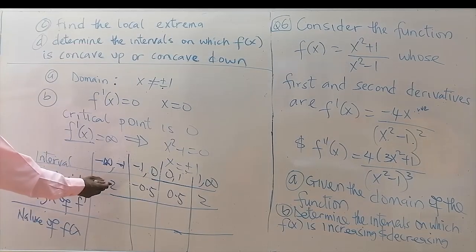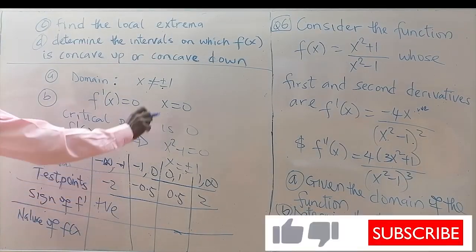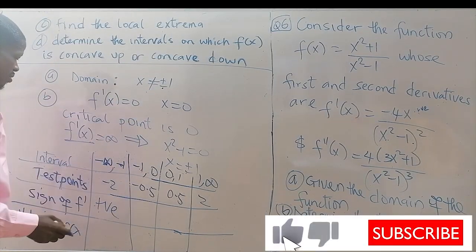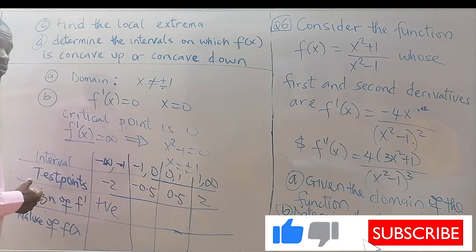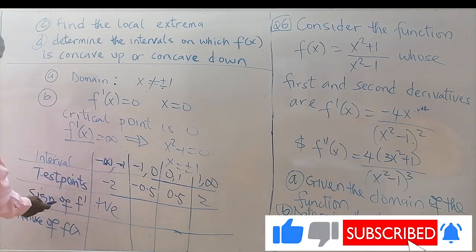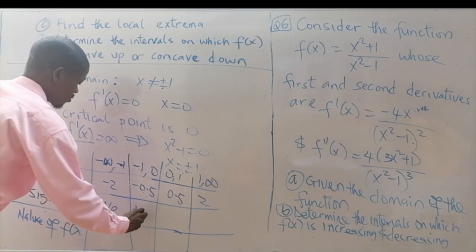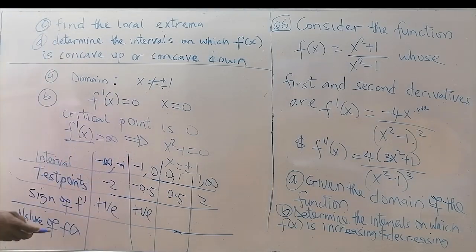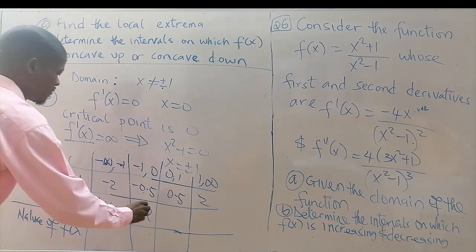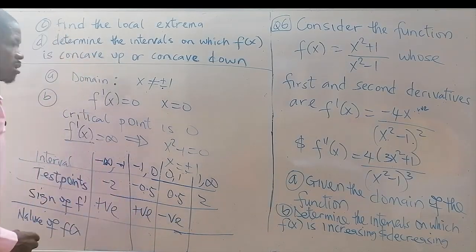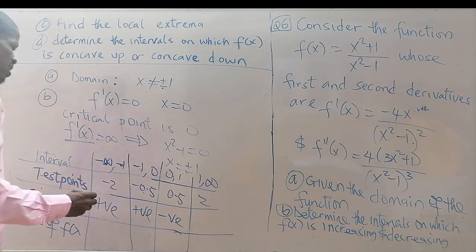If you substitute minus 2 into the first derivative, it will be positive. You just want to know whether it's negative or positive, that's what we call the sign of f prime. Minus 0.5 also gives positive. 0.5 gives a negative value, and 2 is negative also.